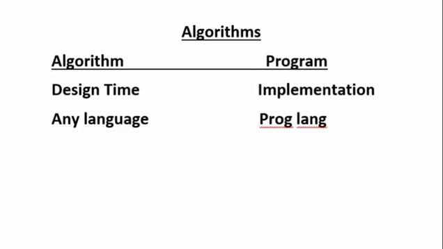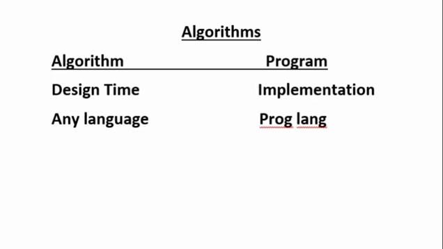Whatever you have to design and get an approach for, to get a solution to that problem, you have to first design an algorithm for that. So the first difference is that we write the algorithm at design time and the program at implementation time.